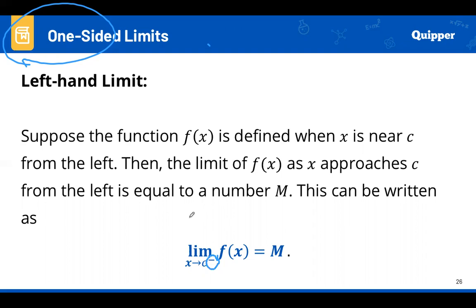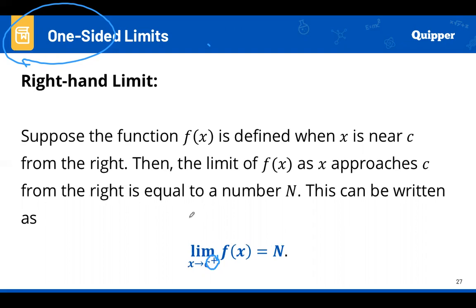And then for the other one, we have the right-hand limit. Suppose the function f of x is defined when x is near c from the right, so we can also say that the limit of the function of x where x is approaching c from the right equals n. Okay? So meron tayong dalawa, positive and negative.